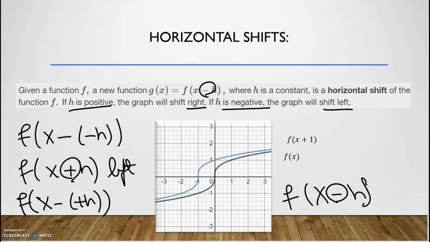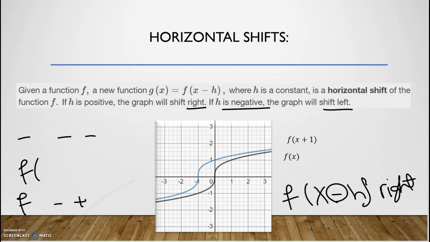So if the sign is negative, then I'm just going to automatically go towards the right. That's how I remember it. I think that's the easiest way to remember it. Okay, so notice this h value is right by the x minus h. So horizontal shifts are only going to affect your x values.